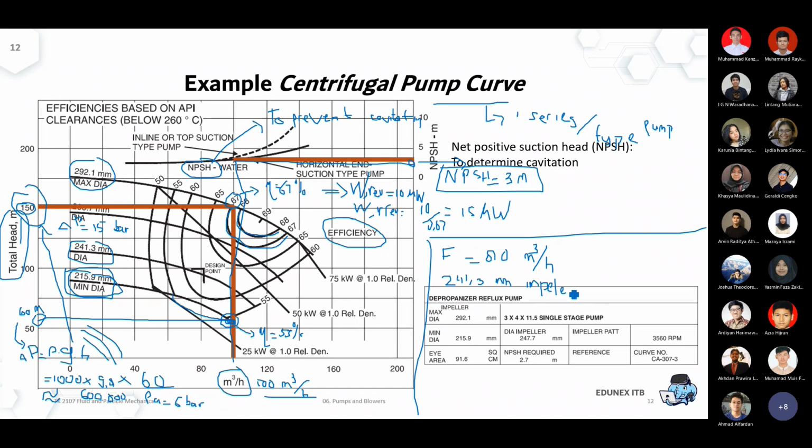That's your controlled flow rate at 80 now instead of 100. And what you have in your plan is actually 241.3 millimeter of impeller. If that's the condition that you're working, what will be the head generated and what will be the efficiency of your pump?